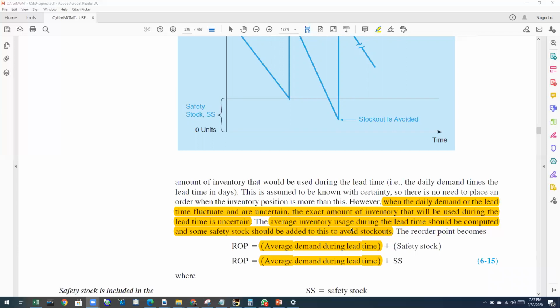The average inventory usage during lead time will also be uncertain.